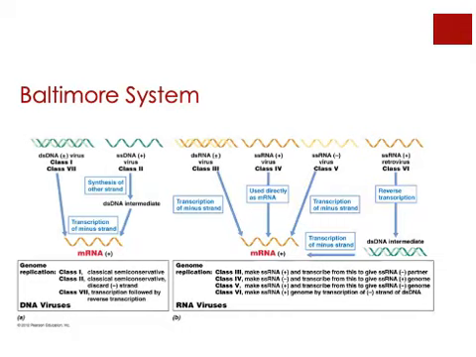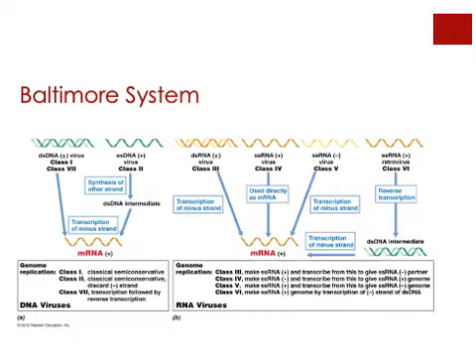So we see all varieties of sense designation in viral particles, just as we see all varieties of types of genetic material. Double-stranded DNA, single-stranded DNA, double-stranded RNA, single-stranded RNA, and again, different sense designations.